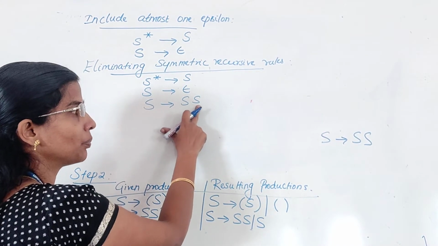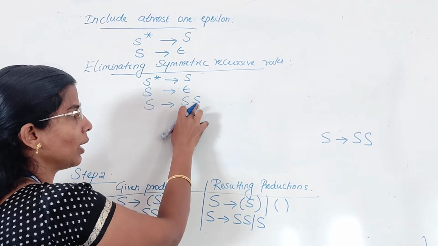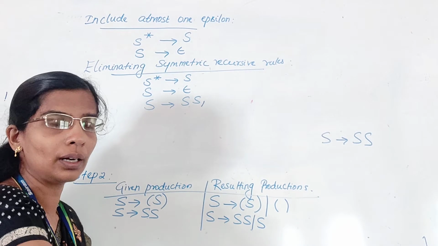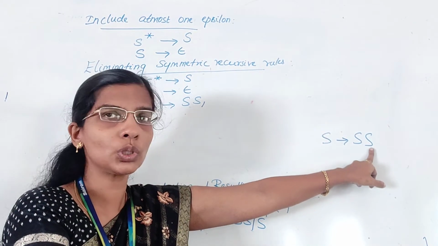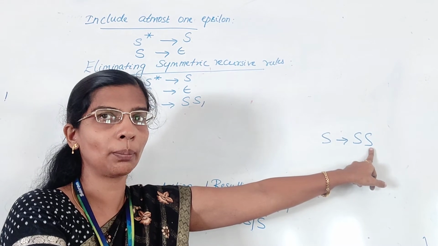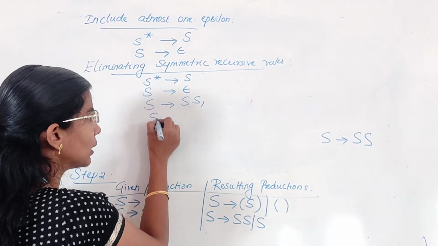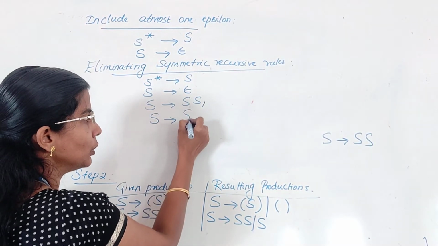For this S, I am giving a new name. I'll give S1. Actually your rule is this, and to the rightmost non-terminal I am giving a new name. So this rightmost non-terminal S is given a new name S1.